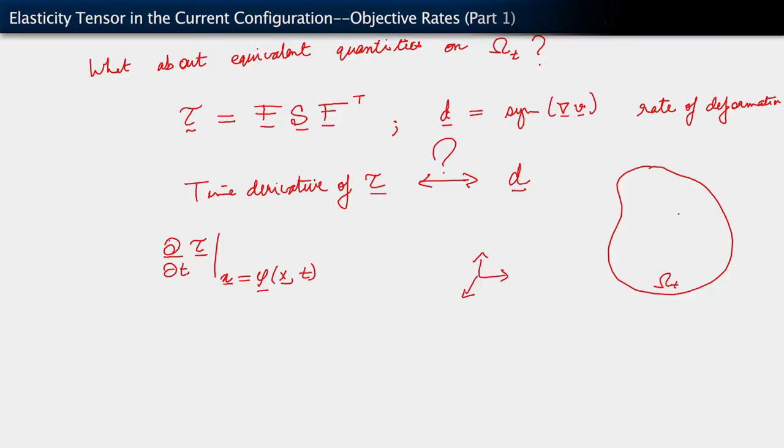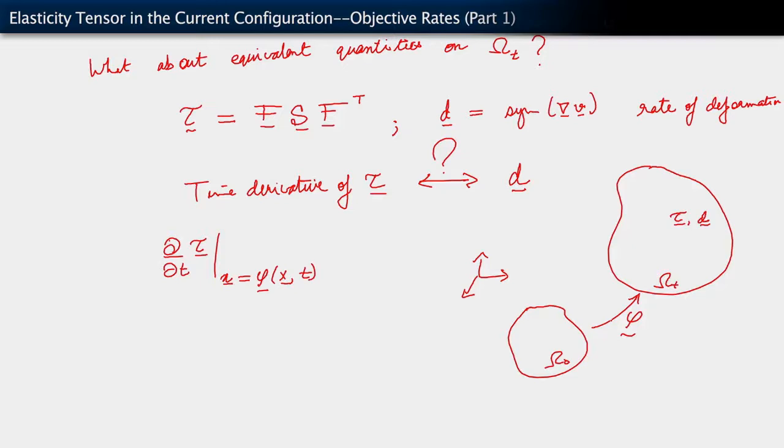Tau and D are defined there on the current configuration, and they would have been got to from some reference configuration. There is a further question that arises with respect to objects defined on the current configuration, and that is the question of objectivity.